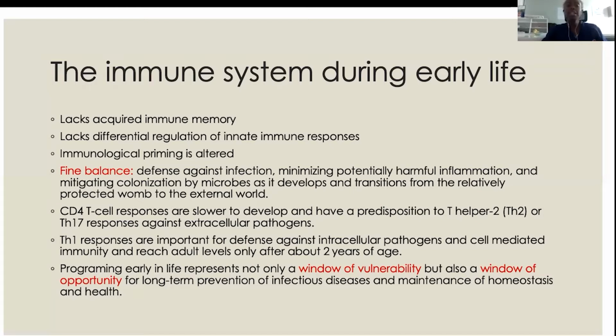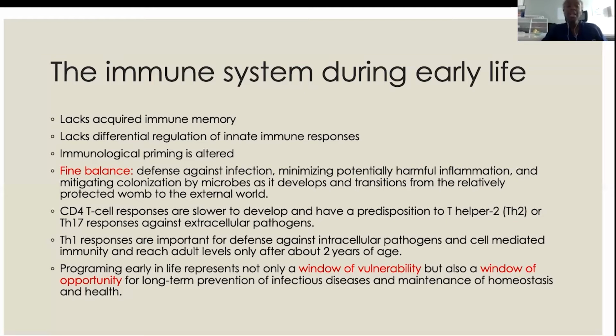You notice that the CD4 T cell responses are slower to develop and have a predisposition to T helper 2 or T helper 17 responses against extracellular pathogens. T helper 1 responses are important for defense against intracellular pathogens and cell-mediated immunity, and they only reach adult levels after about 2 years of age.